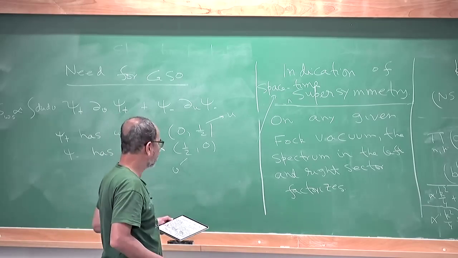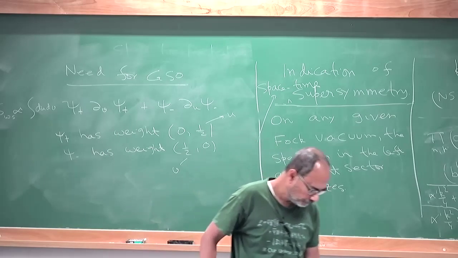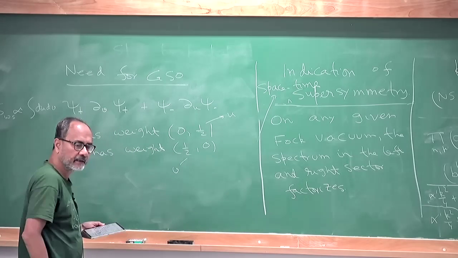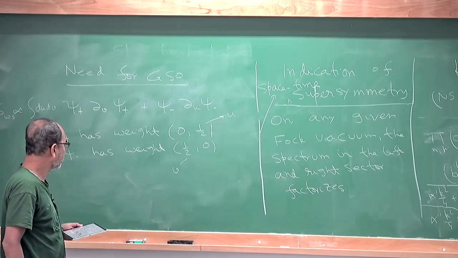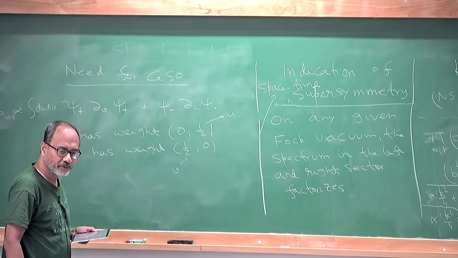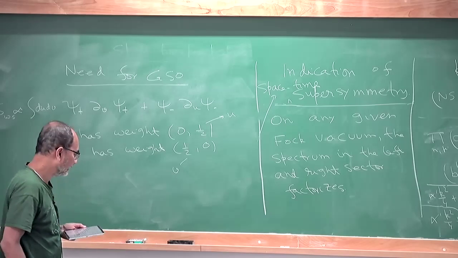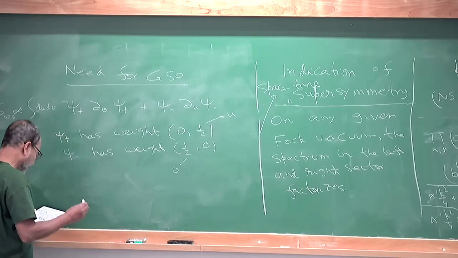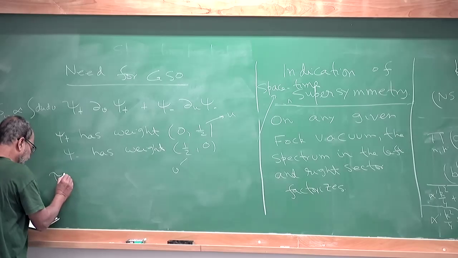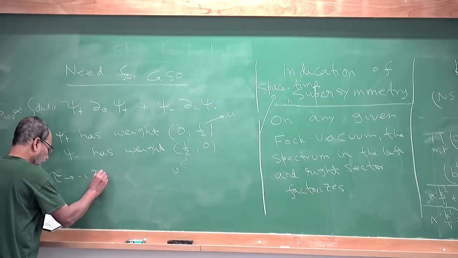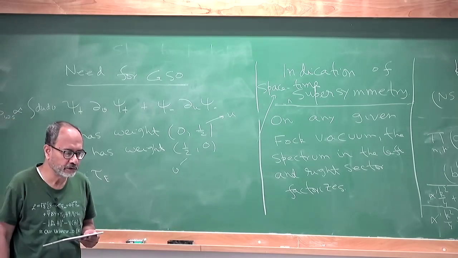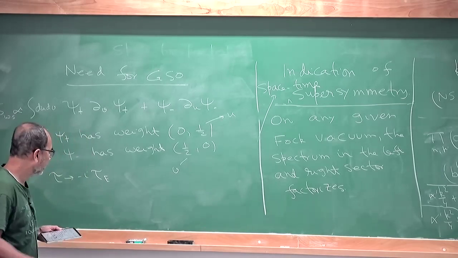Why does this refer to u and that refers to v? The right refers to u. That is the convention. But let me remind you where that convention came from. We had taken the continuation tau goes to minus i tau_E, the Euclidean continuation.